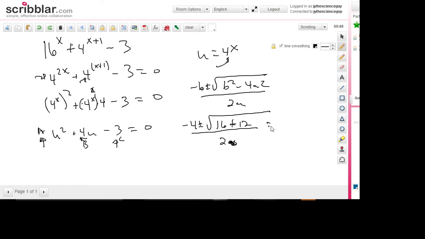Okay. So 16 minus 12 is 14. Wait, no, that's not right. It ends up being 28, right? Because I have a negative 3 here, so negative 3 times negative 4 is positive 12, times 1 is 12. So negative 4 plus or minus the square root of 28 all over 2. You see how I got that?